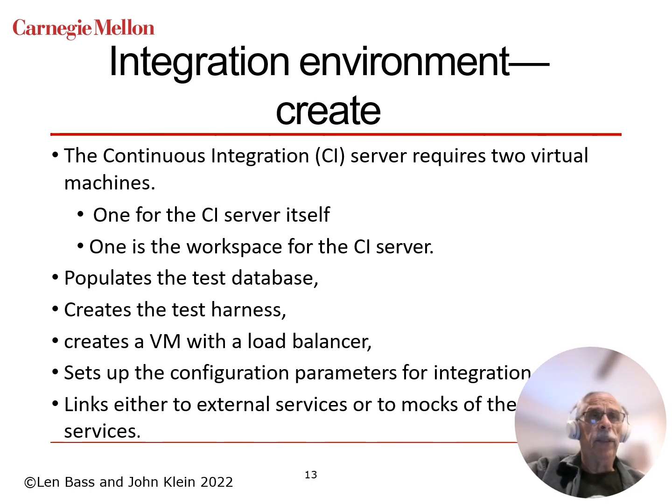You don't want to replace it because it may be working on someone else's integration. So the CI server is shared, not exactly multi-threaded in the sense that you can't build two copies of the same system, but it could be building a copy of two different systems. So you don't want to remove it.